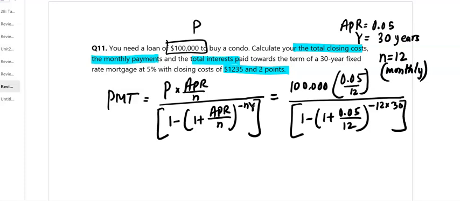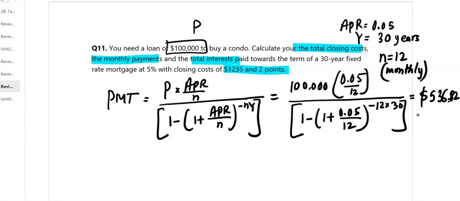If you use the calculator, you'll get $536.82. That's the monthly payment.